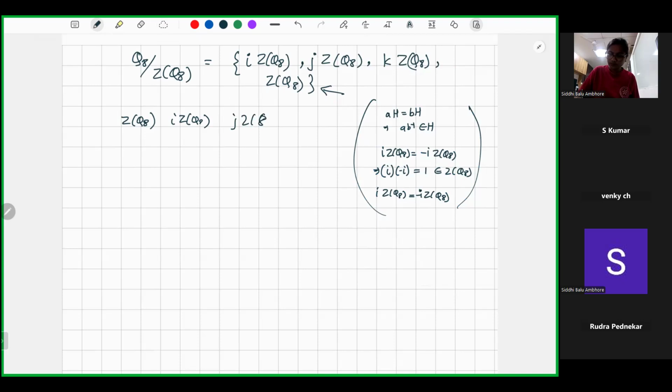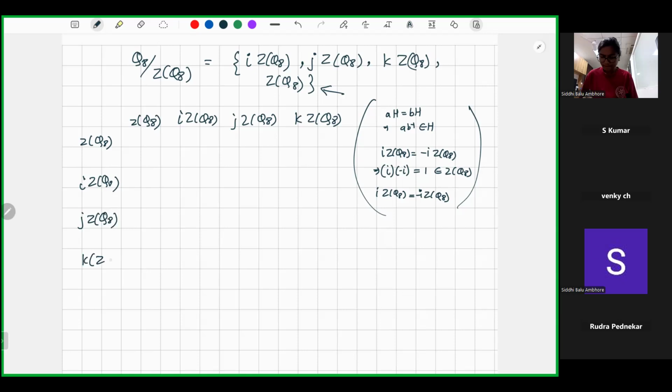We are just writing the multiplication table for this quotient. ZQ8 times anything, again I will get the same element.